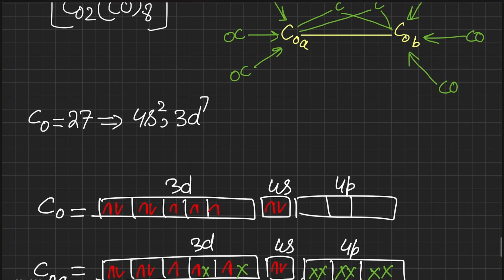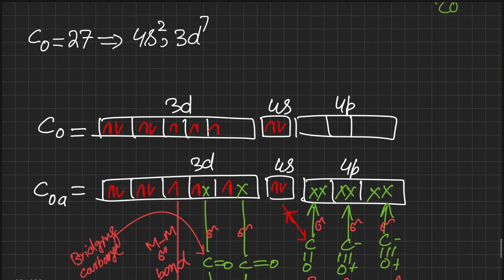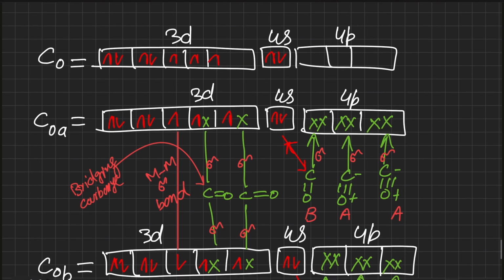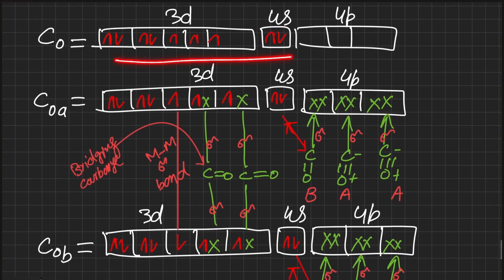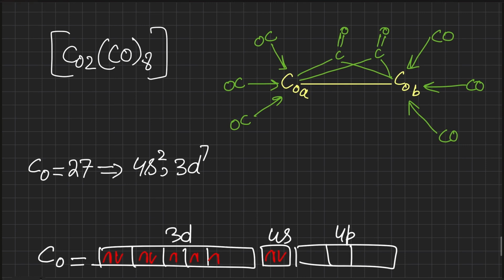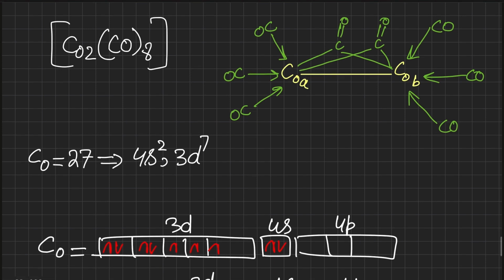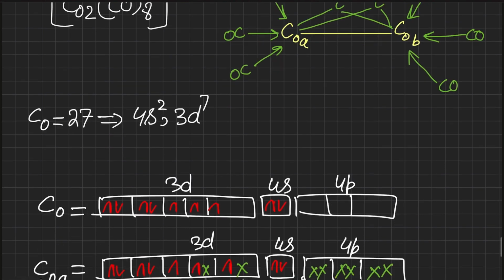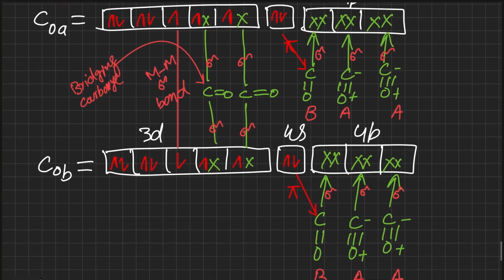Now this is the atomic number of cobalt and its valence shell electronic configuration is 4s2 3d7. Again this is the configuration written in the form of valence bond theory. Now there are 2 cobalt atoms. If we see in the structure, with each cobalt there are actually 3, or an odd number of, carbonyls attached. So what we will do, we will do 2 carbonyls with no back bonding and the remaining carbonyl with back bonding.